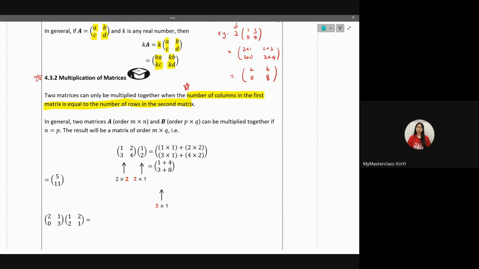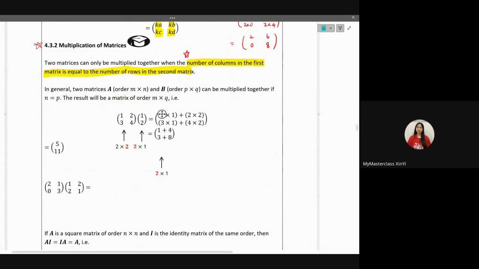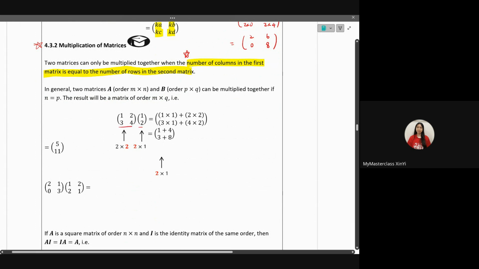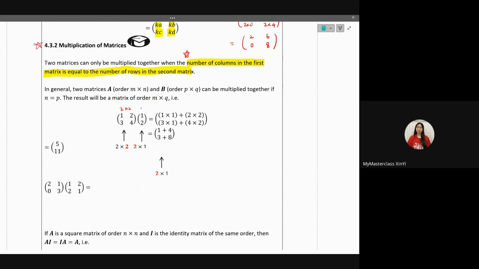Let's look at this example over here. Every time before you do a matrix multiplication, write down the order of each of the matrices first. So let's say you're going to multiply this by this. First of all, this is a 2 by 2 matrix, and this is a 2 by 1. If you see the ones in the middle match up, this 2, which is the column of the first matrix versus the row of the second matrix, if they are of the same number, then you can do matrix multiplication on these two matrices.